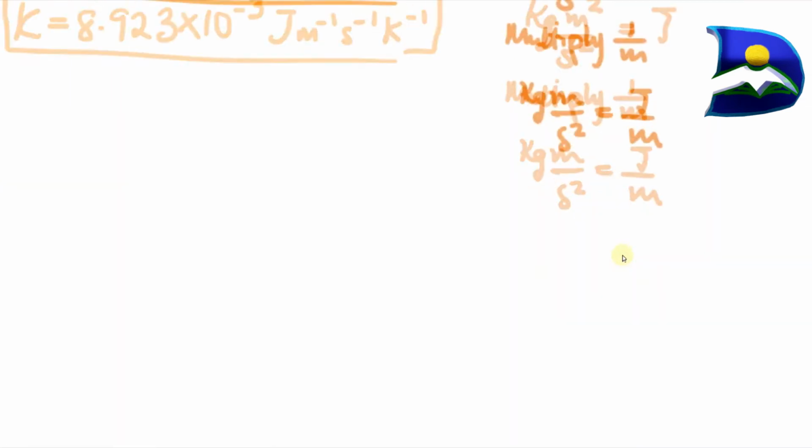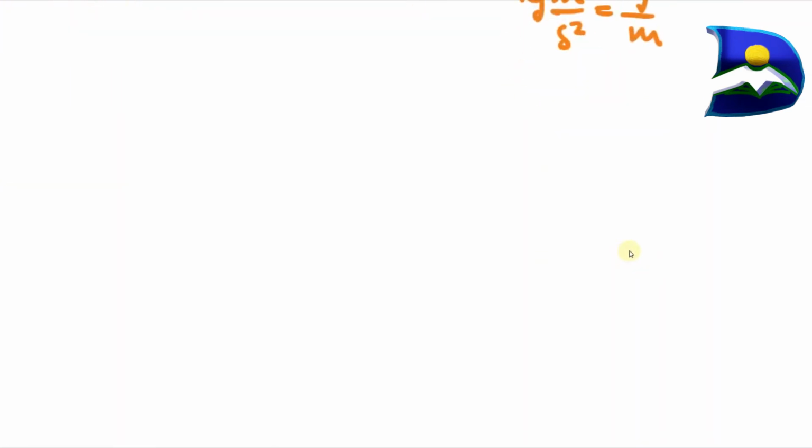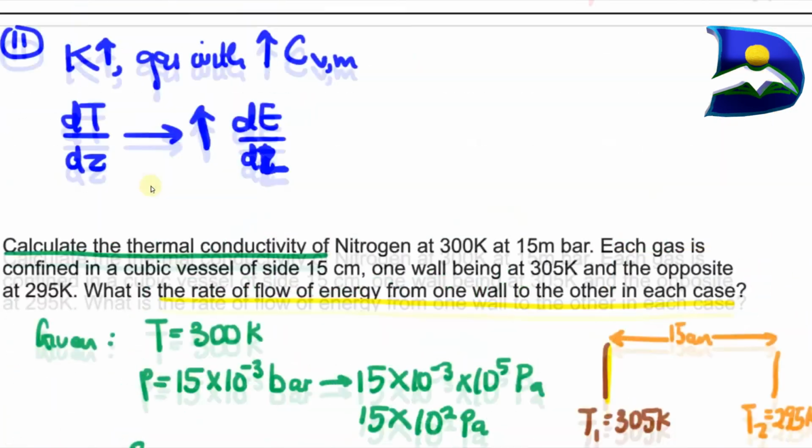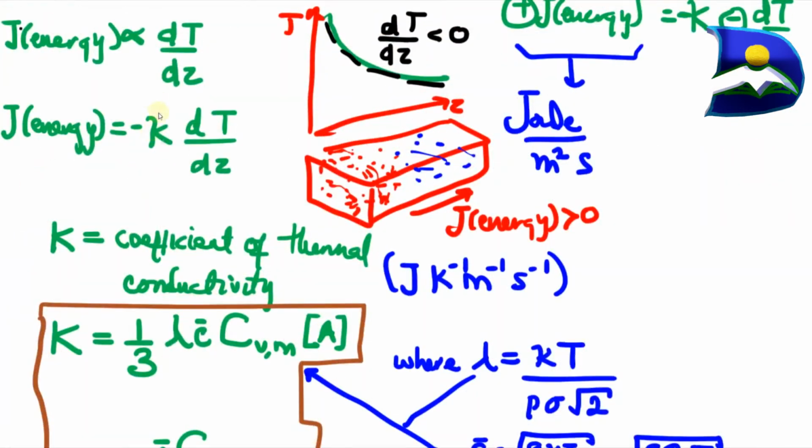And so the question here is asking what is the rate of flow of energy from one part to the other. So what we need to think about is, what is the rate of flow of energy? The rate of energy flow is considered to be equal to, in this case, our K value, and we know that the K value is always negative based on what we derived from our equation right here.